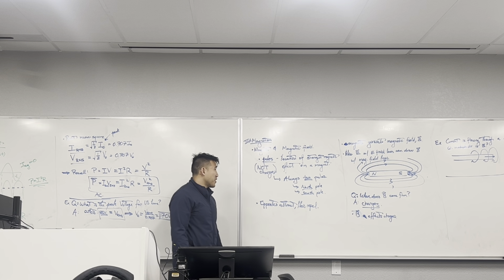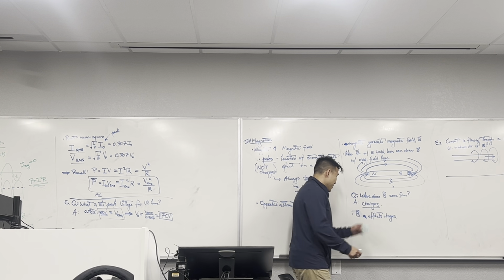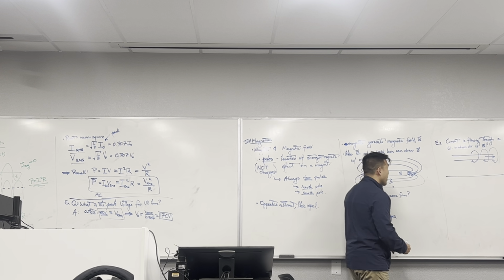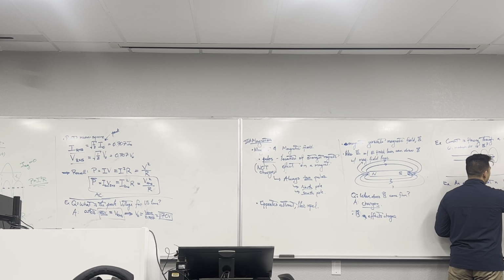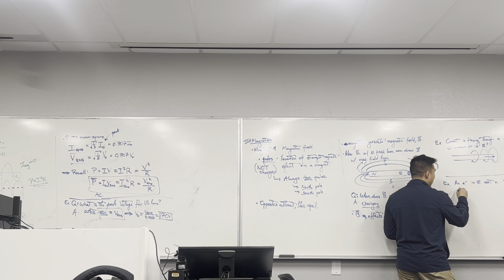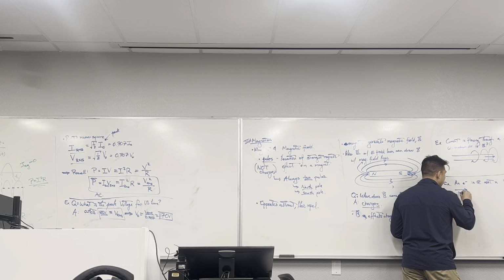So I'm telling you, poles and charges are not the same thing. Let's see exactly how different they are. In terms of poles, opposites attract, likes repel, that's really all you need to know. But what about for charges? With that, let's ask another question. Let's say an electron is at rest in a uniform magnetic field B, and that uniform magnetic field is in this direction.